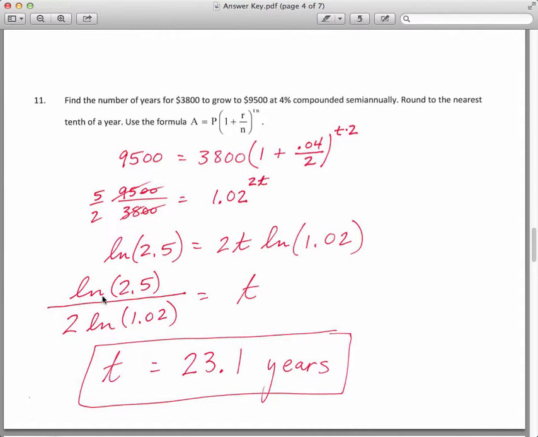So do natural log 2.5, close off the parentheses around the 2.5, divided by, start some parentheses before the 2 here, and then do 2 times natural log 1.02, close the parentheses for the 1.02, close the parentheses for the denominator, then press equals. That should give you the correct answer, which is approximately 23.1 years.